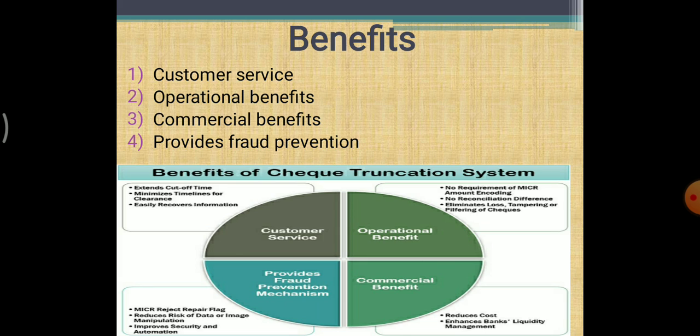Here we can see in this picture extended cutoff times, minimized timeline for clearance, efficiency and information, and customer services. Customers are the lifeline of any business, and it is crucial to boost their experience. In this situation, CTS serves the following purposes.